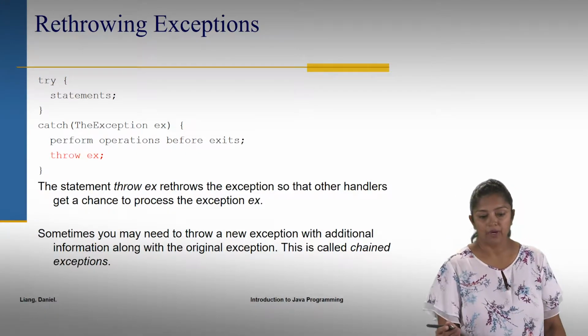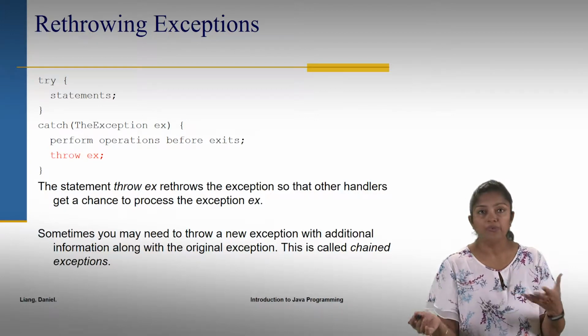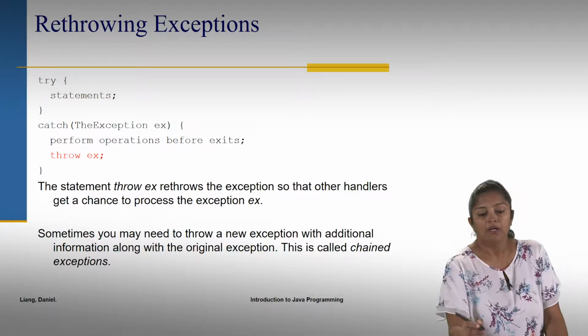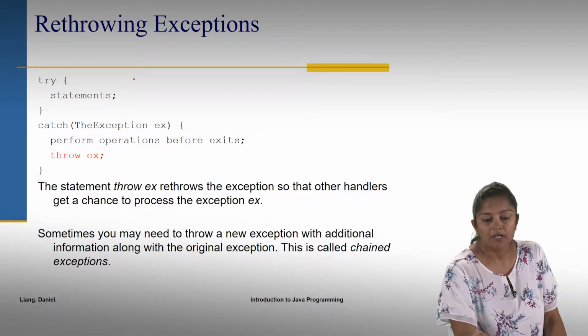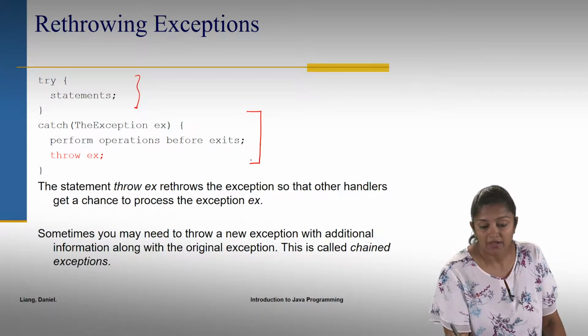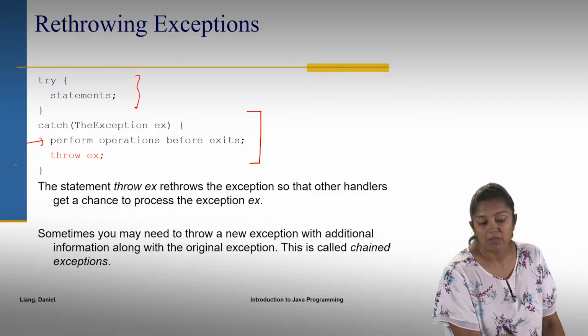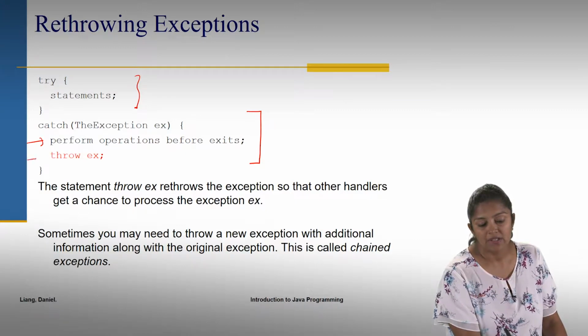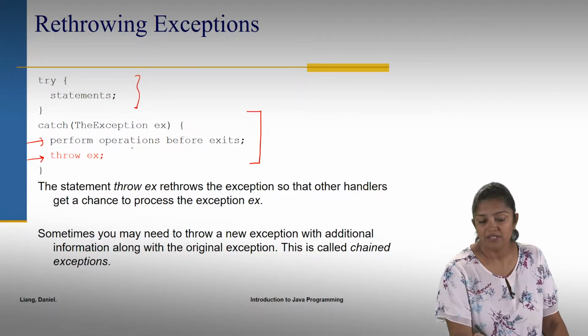In terms of syntax, there is no new keyword called rethrow. It's just the same throw again. We have a try block with the statements where an exception could occur, and then we have the catch handler with all of the statements to be executed in order to handle the exception. Once the handling is done, we can throw the exception object, and this is the rethrow part.